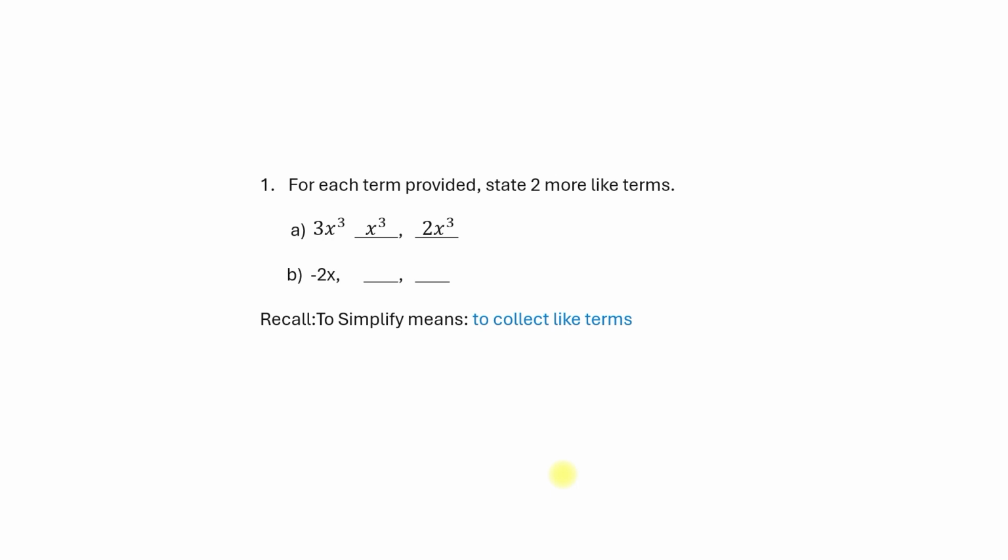Question B, negative 2x. As long as the variable is the same, it doesn't matter what the coefficients are. So x would be a like term, or 3x would also be a like term.